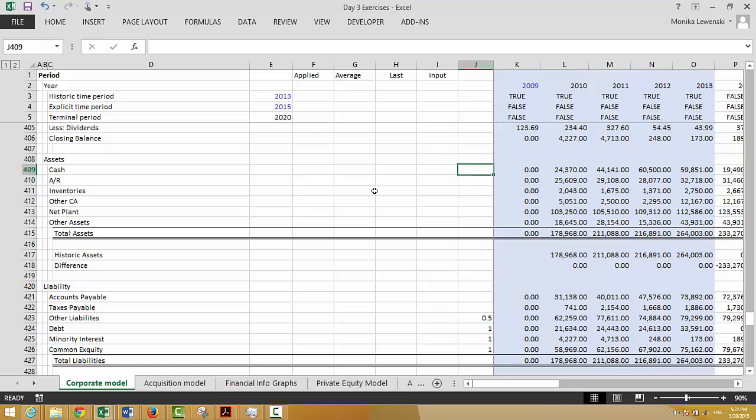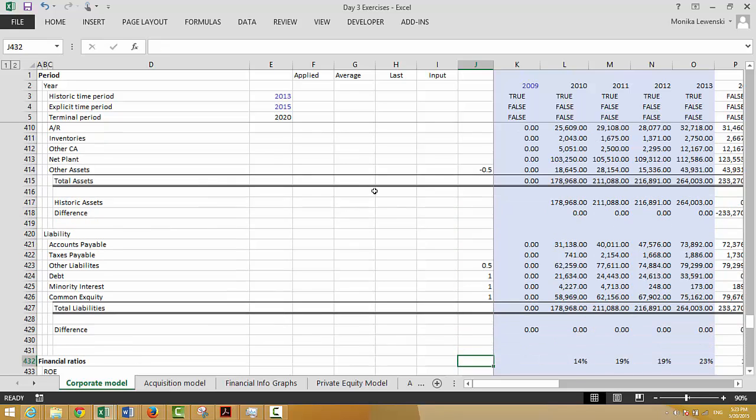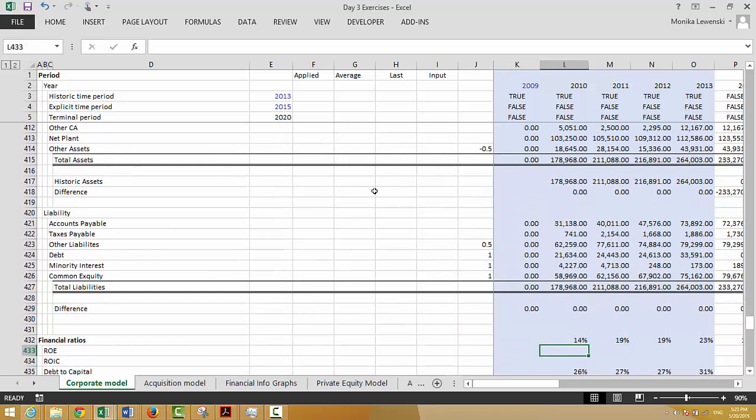And then we'll put a minus 1 on the accounts receivable. On the other assets, let's put minus 0.5. That's a really rough thing to do.